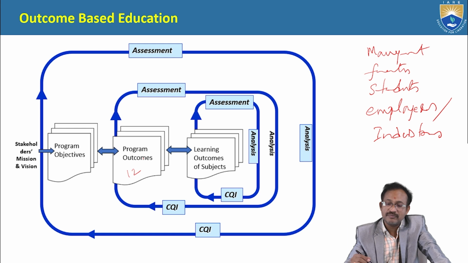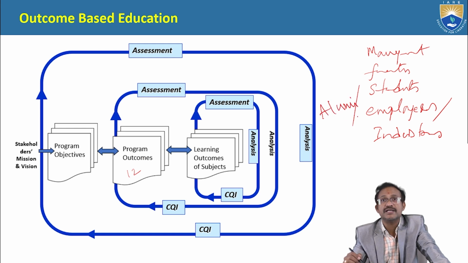Alumni are also students, but old students. These students will settle somewhere in industry after 5 to 6 years of experience, or some after 10 years of experience. They may give feedback to their institute.